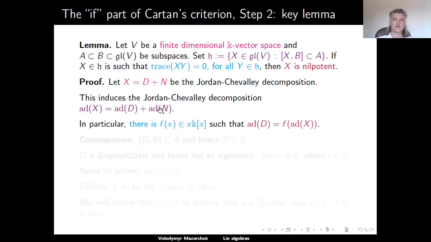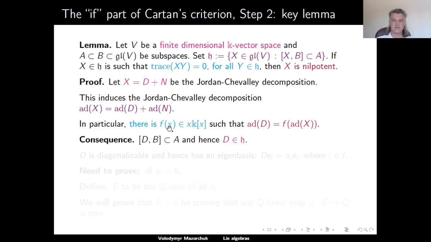Moreover, we can also observe that if we write D as a polynomial in X and then compute ad D as a polynomial in ad X, the contribution of the constant term of the polynomial is 0 because the constant term commutes with any linear operator. This means that we can write ad D as a polynomial in ad X, where our polynomial does not have a constant term.